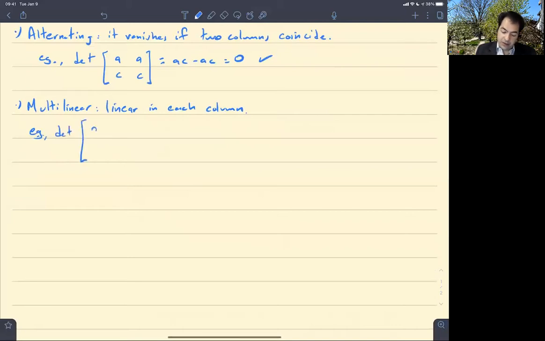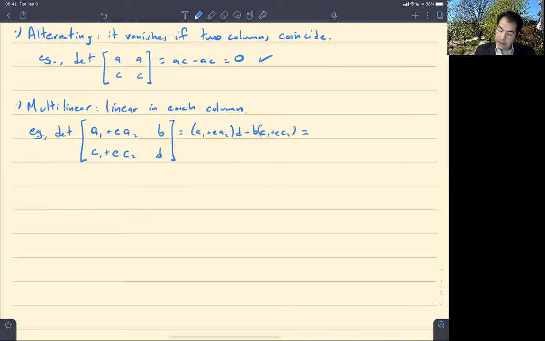So for example, for the 2x2 determinant, this says that if I take a linear combination of two vectors and make that the first column, but I fix the second one, then if I work this out, I would get (A1 plus E A2) times D minus B times (C1 plus E C2).